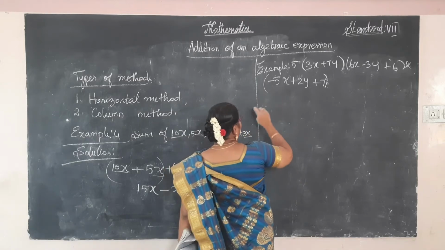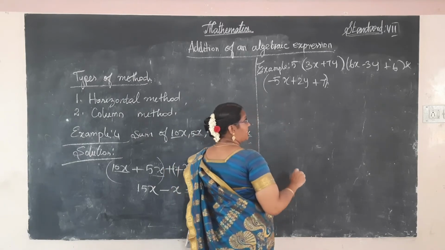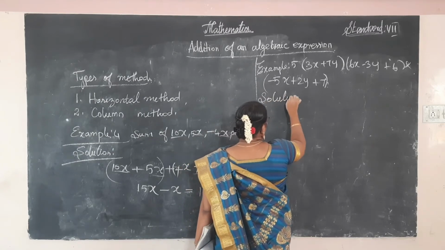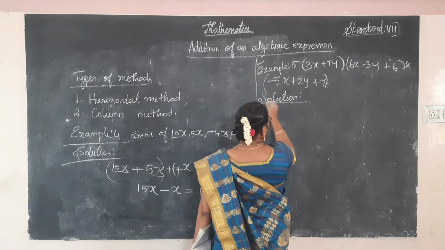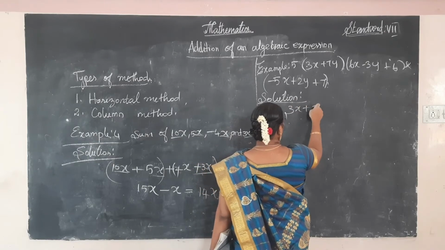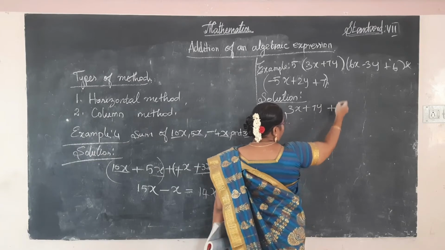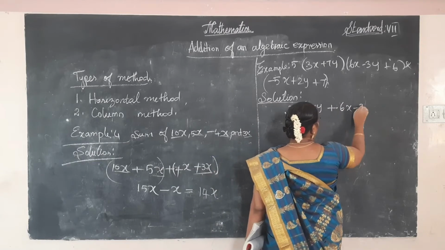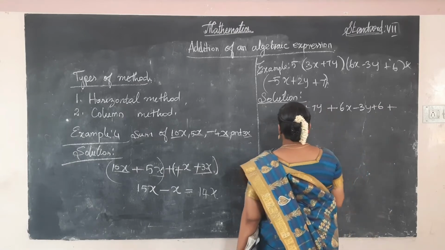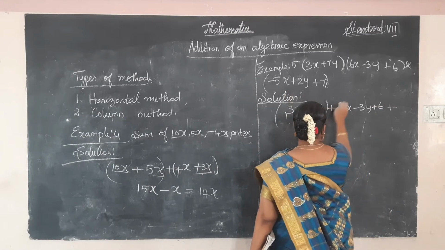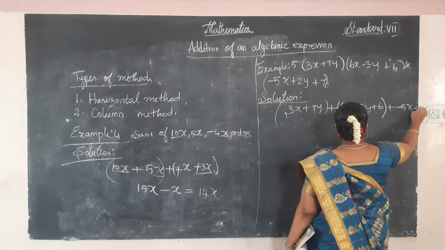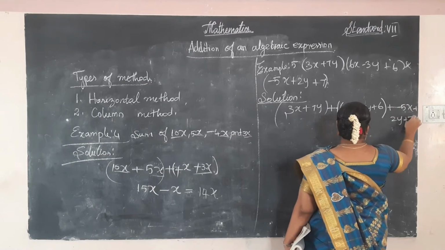Add these three algebraic expressions. Solution. First write the first algebraic expression, 3x plus 7y. Add the second one, 6x minus 3y plus 6, plus the next one, minus 5x plus 2y plus 7.